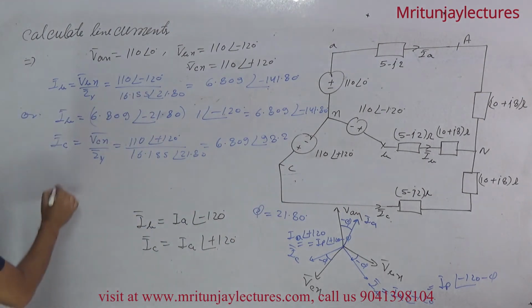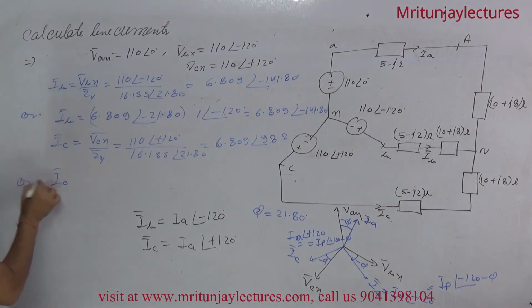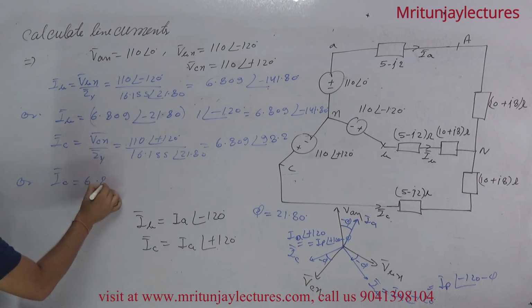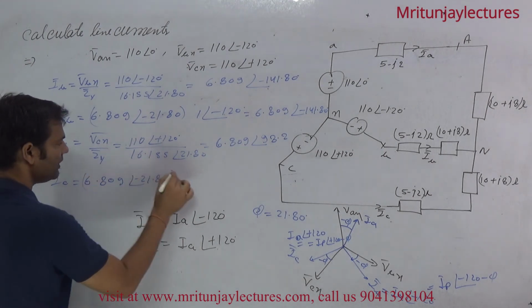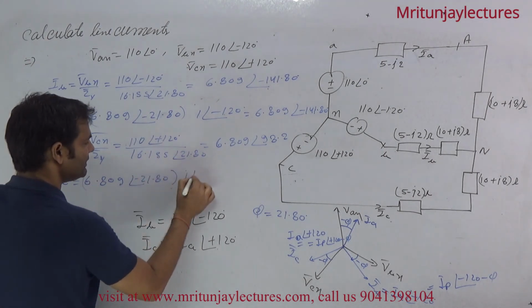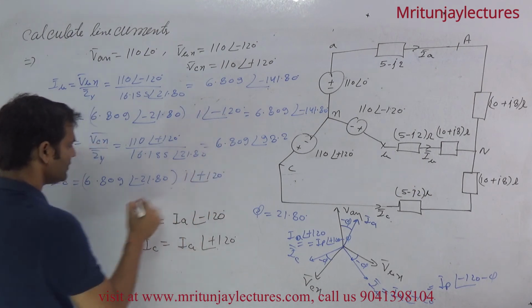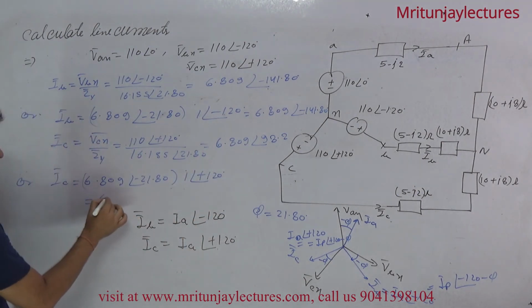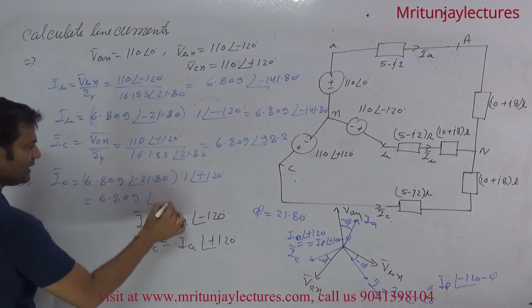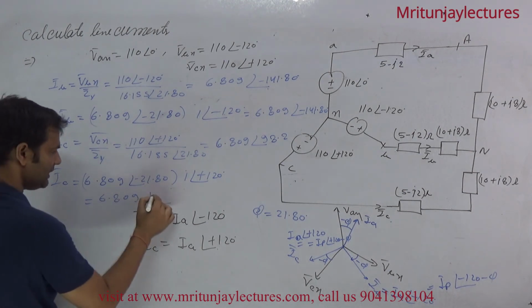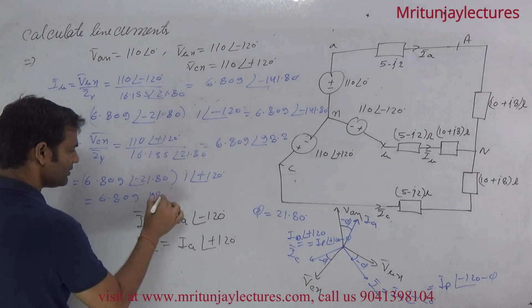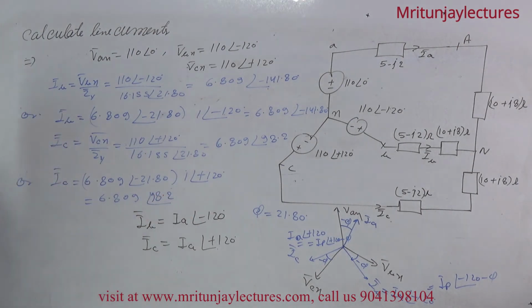Or with the help of the formula, IA is 6.809 at the angle minus 21.80 and this one is 1 at the angle plus 120. So finally we got 6.809 at the angle 98.2. Clear?